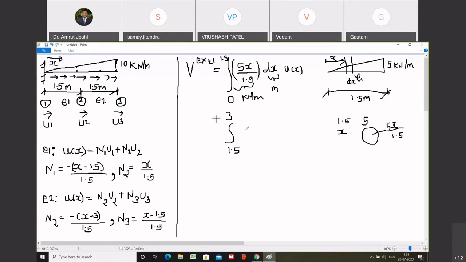Yes. This will still remain 5x upon 1.5 because the slope of the loading diagram has not changed in the second element. So it is 5x upon 1.5 dx into u of x. Agreed? Yes.